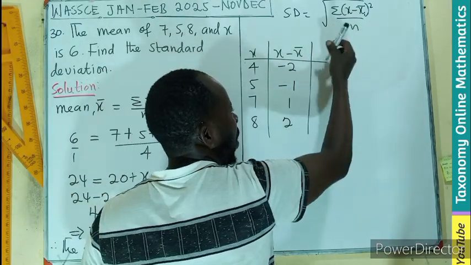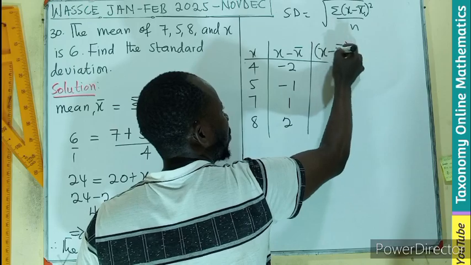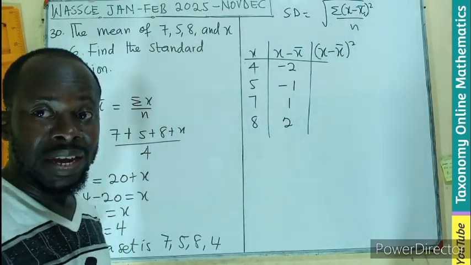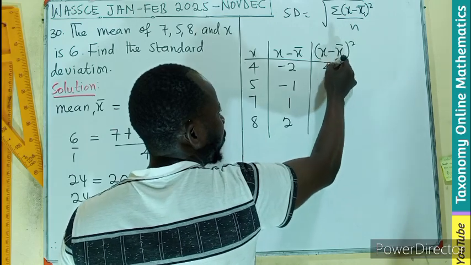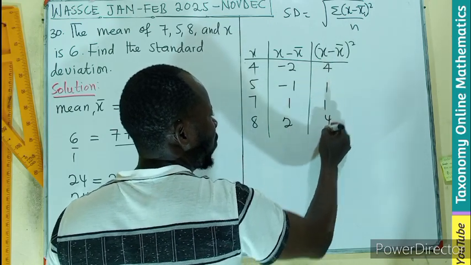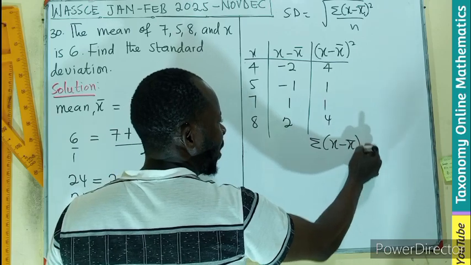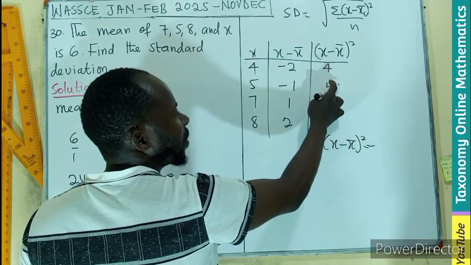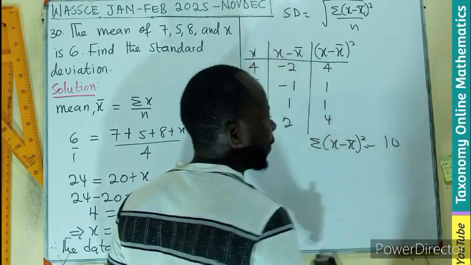Remember, we are having the square on that. So x minus x bar all square. If you square the negative number, you get a positive value. So this gives you 4, 1, 1, 4. Then the summation of all those data will give you 10.